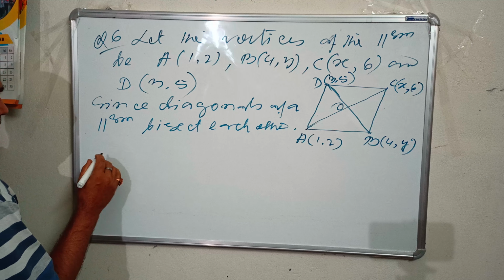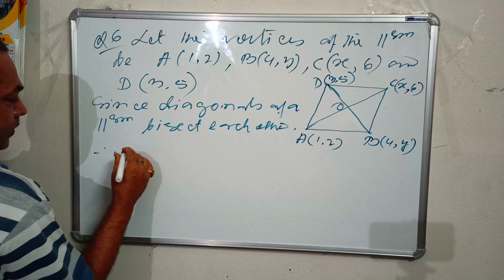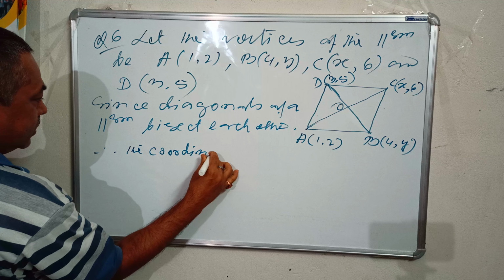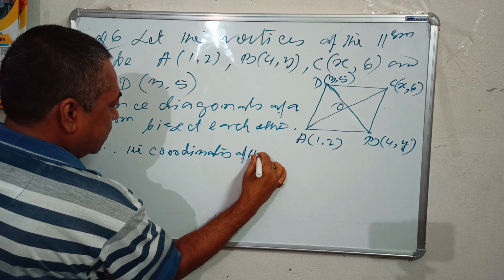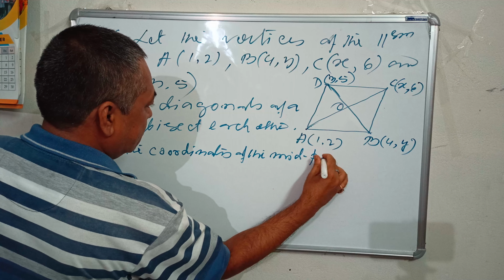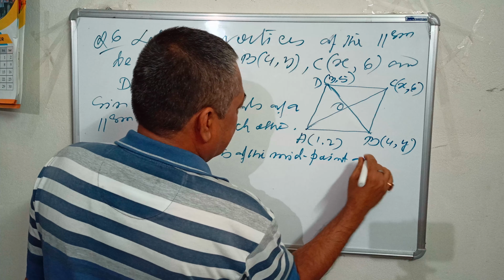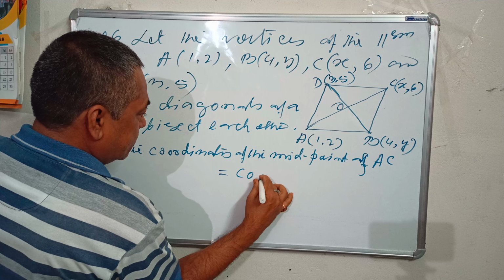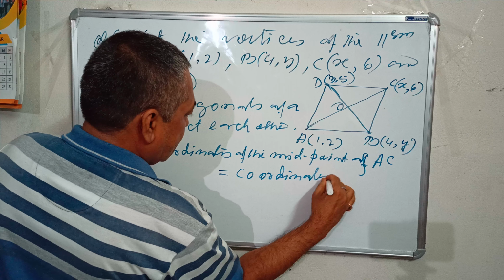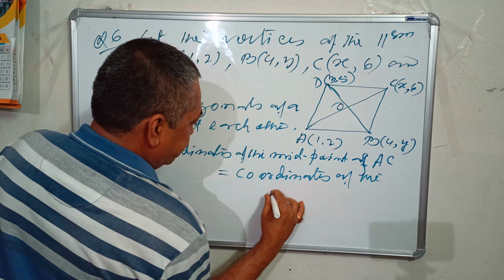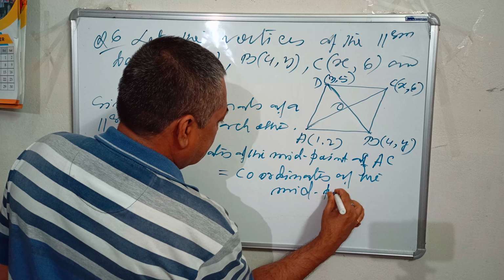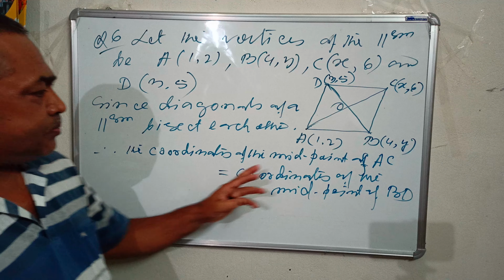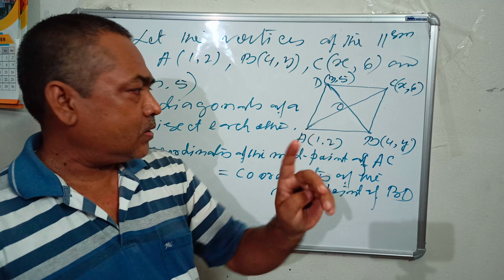Okay, so therefore the coordinates of the midpoint of diagonal AC equal the coordinates of the midpoint of BD, because this is the same point.